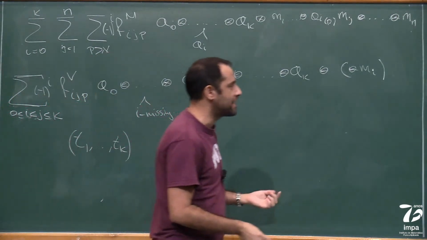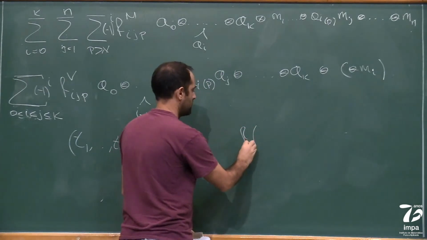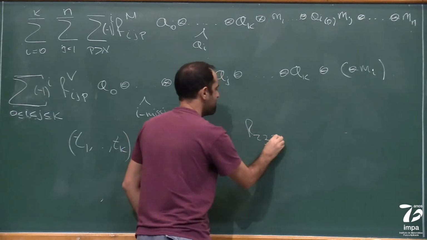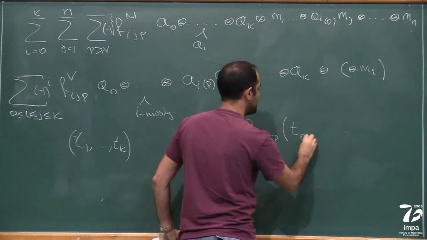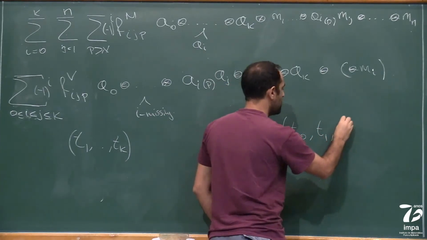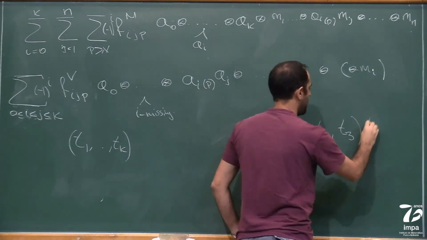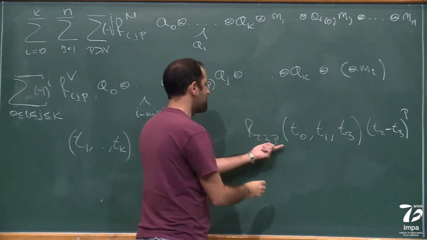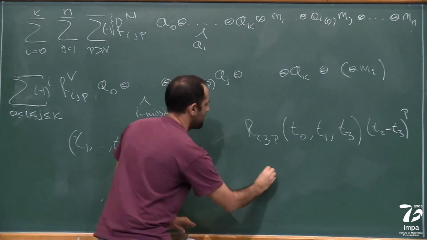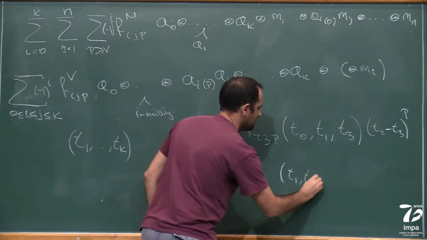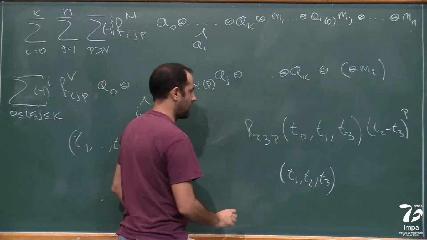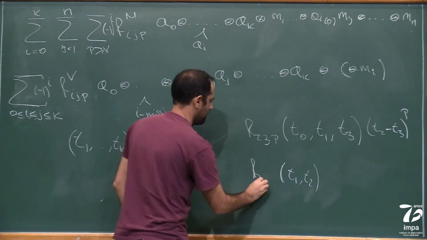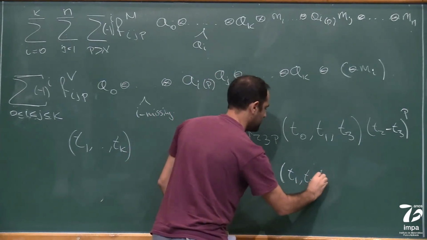Namely, when I did that expansion, I would have seen something of the form 2, 3, p, and this would depend on t0, t1, t3, where t2 would be missing, and I would see a (t2 minus t3) to the p, evaluated at t1, t2, t3.